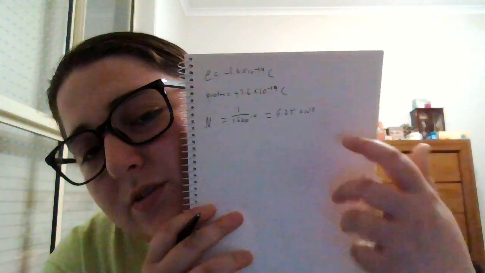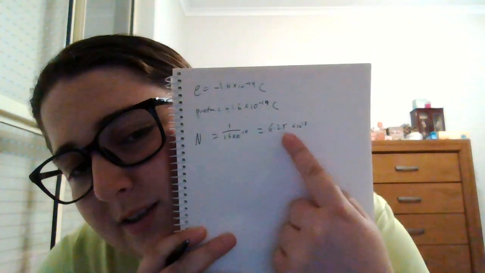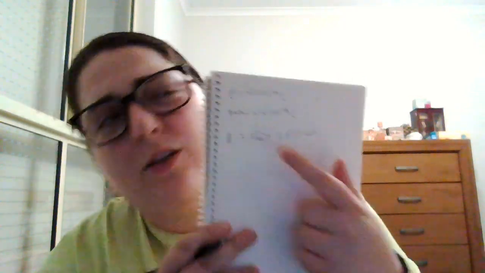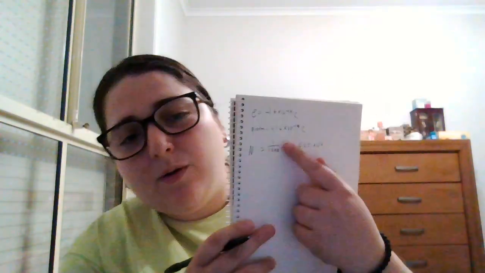The number of electrons, given by a capital N, is equal to 1 divided by 1.6 times 10 to the negative 19, which equals 6.25 times 10 to the 18. Okay, so in electric currents, when you're using the N symbol, it is equal to that, and it comes from one coulomb being divided by the charge of an electron.